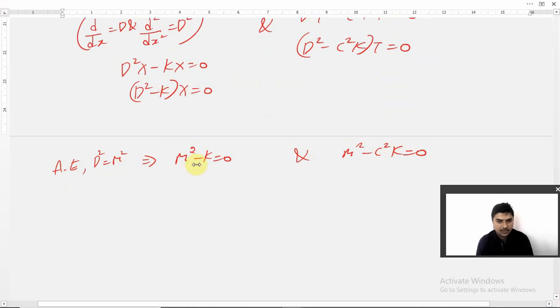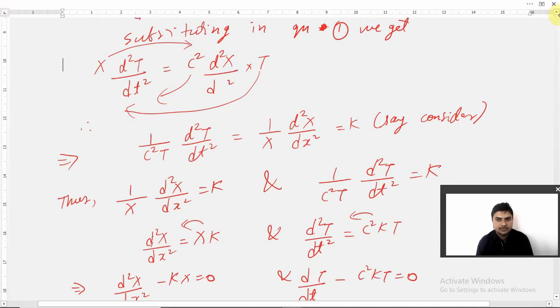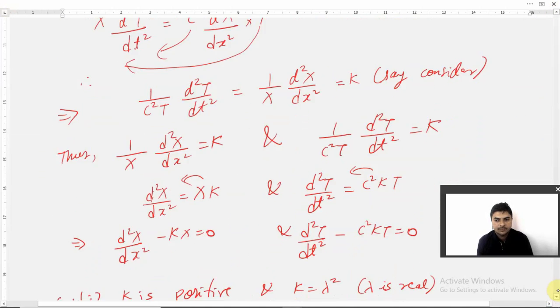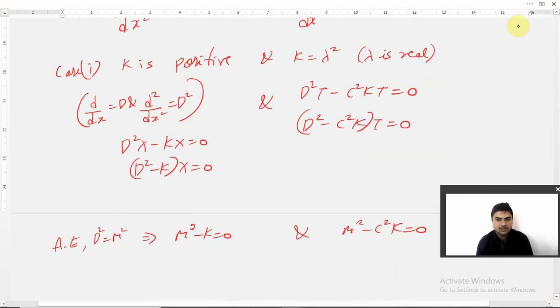Now, I have taken here k as lambda square. Yes, here I have taken k is some lambda square. So please change here, k is equal to lambda square, you have to substitute only lambda square in this equation.